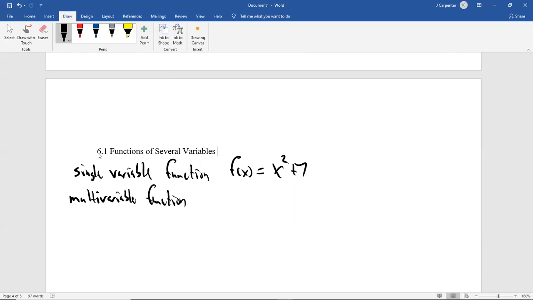X is no longer the only input. When we have function notation, all of our inputs need to go in these parentheses. So you actually go x comma y or x comma y comma z, depending on what letters you've got. So this might be something like x squared plus y squared. This could be like an equation of a circle if this was equal to a constant, if this was always equal to 1 or 5 or 12 or 25 or something like that. Right now, it's not a circle.